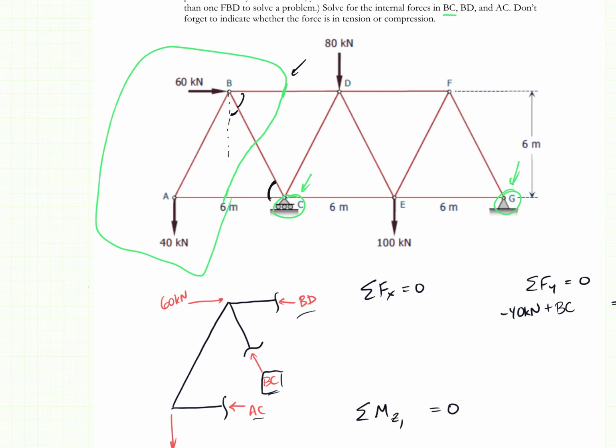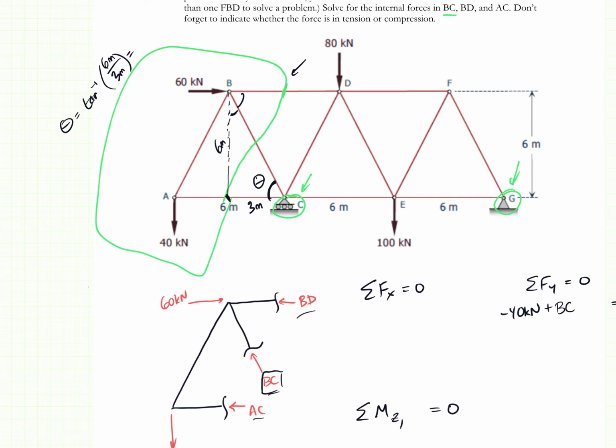So let's see. If I drop this vertical all the way down, it's going to hit right here. So this is going to be 3 meters. This vertical is 6 meters. So that angle, let's call it theta. Theta equals the inverse tangent of the rise, 6 meters, over the run, 3 meters.